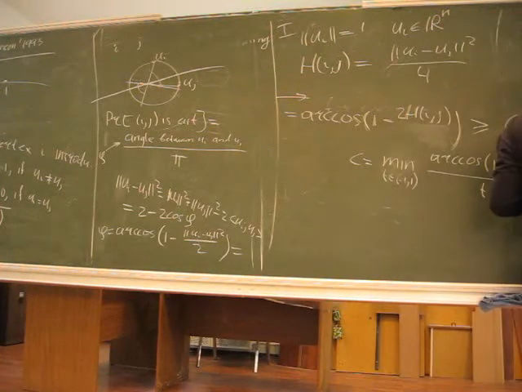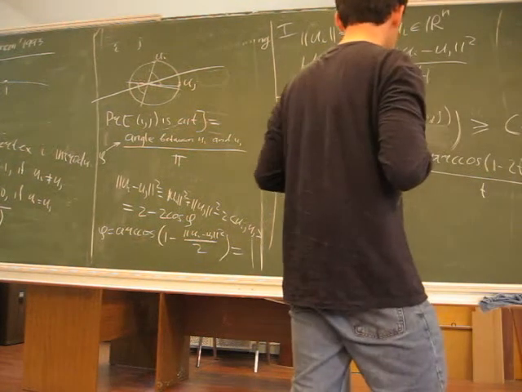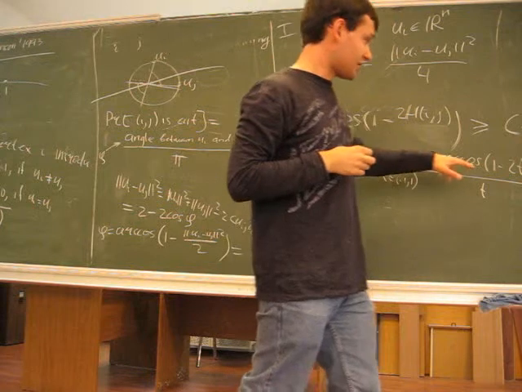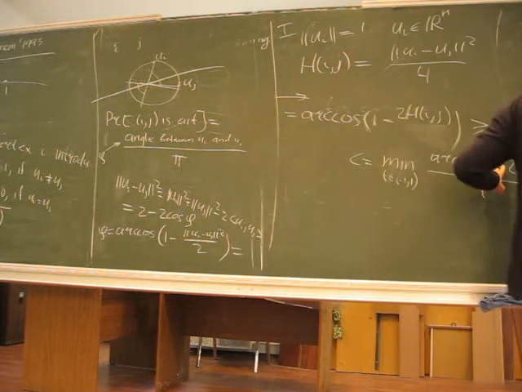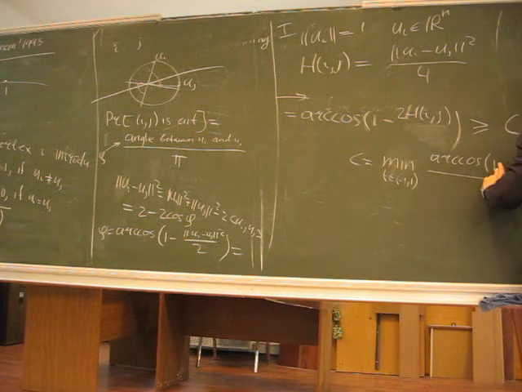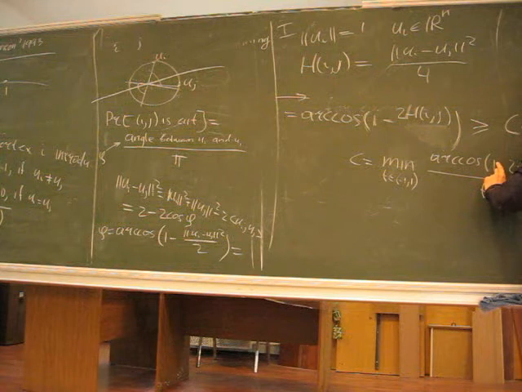Is it possible for us to draw a graph of arc cosine? Just basic arc cosine of x, for us to remember what it is. Arc cosine of 1 is 0, and then it goes like this.